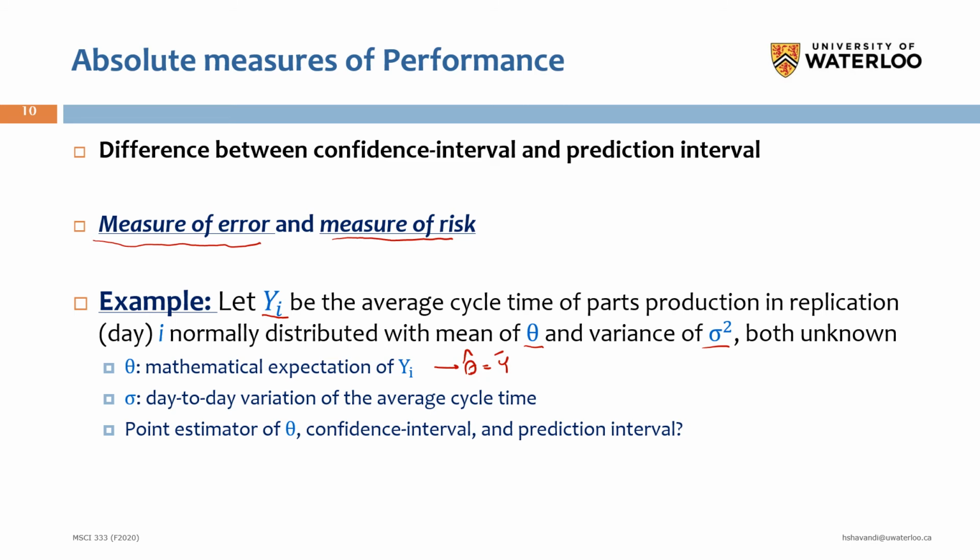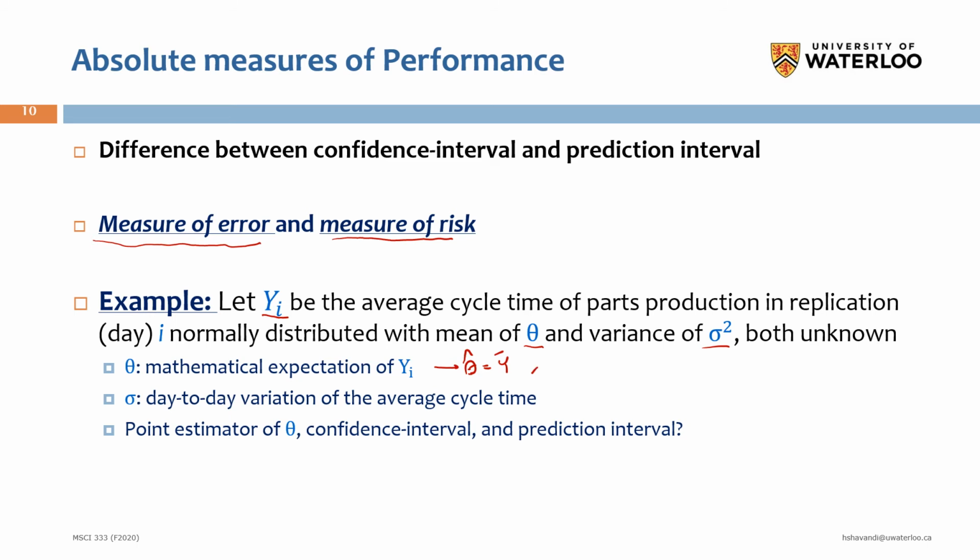But we can't say exactly how far y bar or theta hat is from theta, right? So this estimation has an error, and how can we show what the error for this point estimation is?